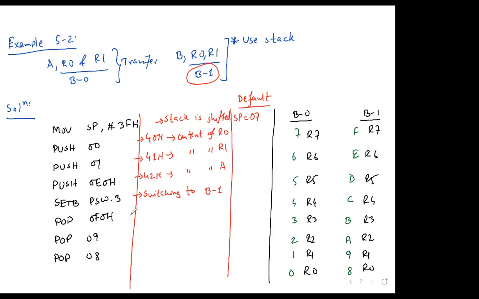Now, when we go for pop 0F0H, what will happen? The value of 42H will go to register B, right? Isn't it? Yes, sir. So B will contain the value of A. I'm just writing it in short because I need to write another thing. After this line, what will be the value of stack pointer? 41. Exactly, 41H.